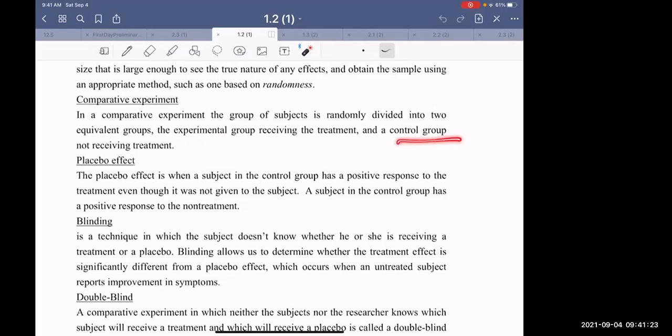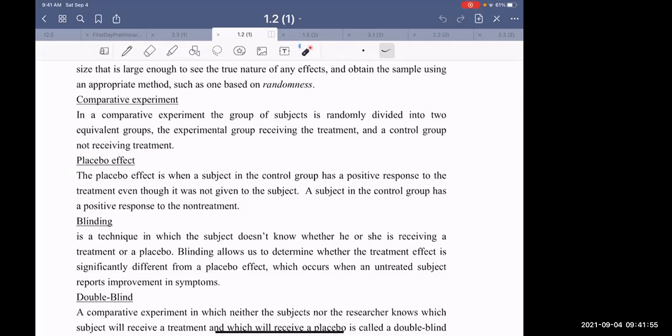In the control group, they do not receive a treatment. A non-treatment is called a placebo. So the experimental group gets a treatment, and the control group gets a non-treatment, a placebo.